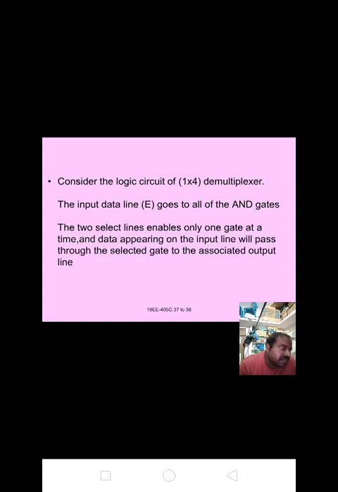Once again, I am repeating the applications of demultiplexer: digital and analog communication systems, serial to parallel converters, data transmission networks, arithmetic logic units of the computing units, computer network communication, and digital multiple display units.